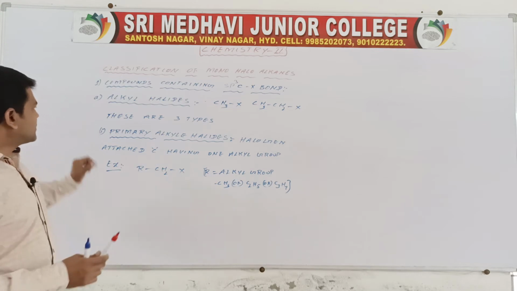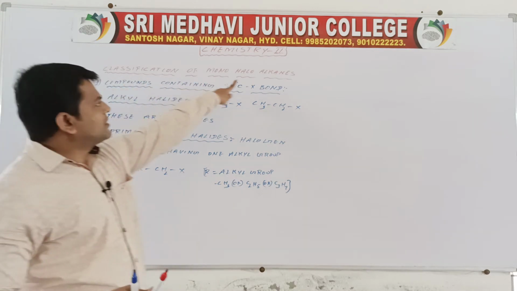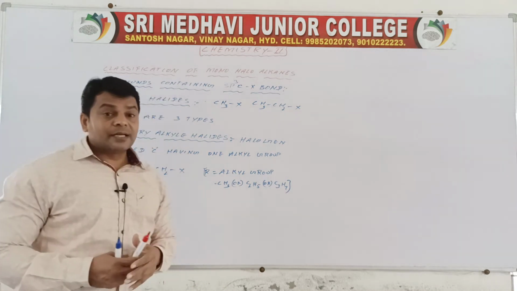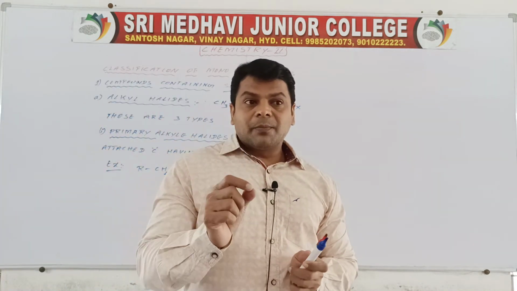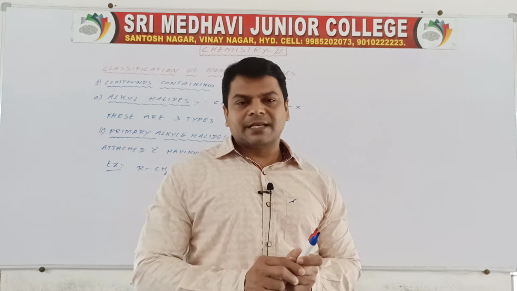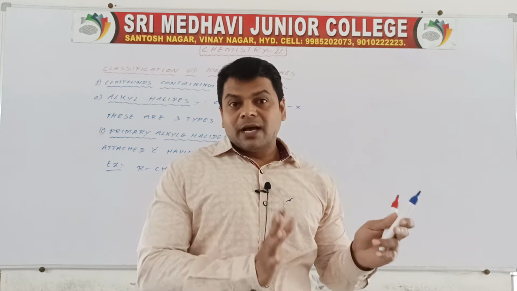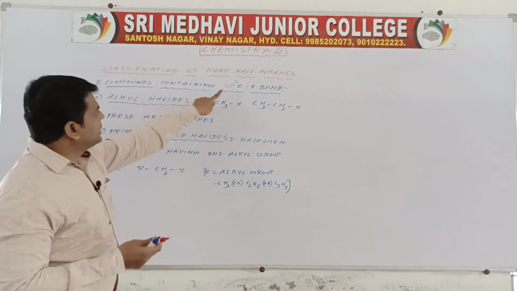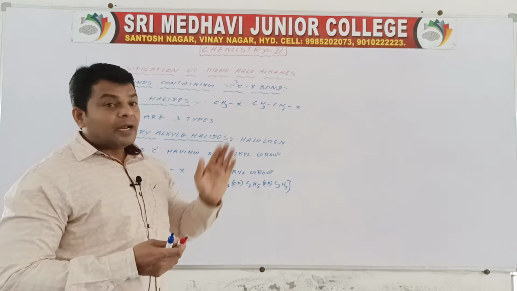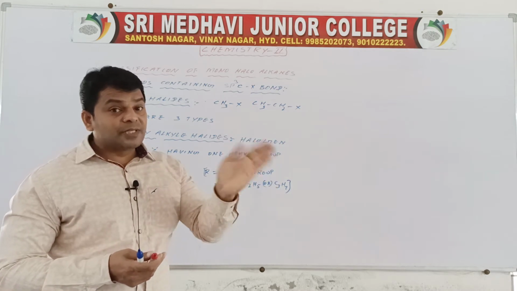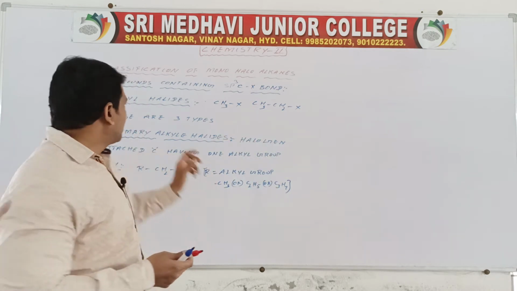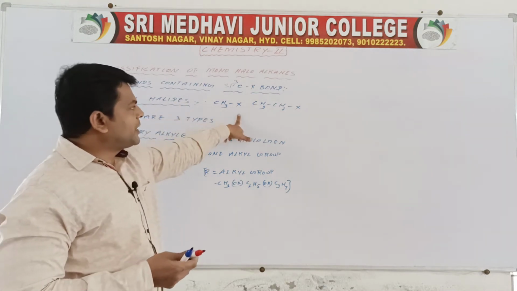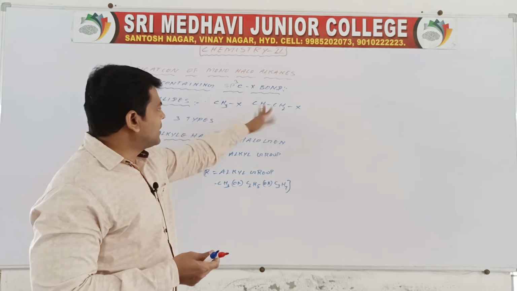Understand? So, the classification of monohaloalkanes: based on the hybridization of the carbon, monohaloalkanes can be divided into two types, compounds containing the sp3 C-X bond and compounds containing the sp2 C-X bond. Here the first one is alkyl halides, meaning an alkyl group having a halogen.